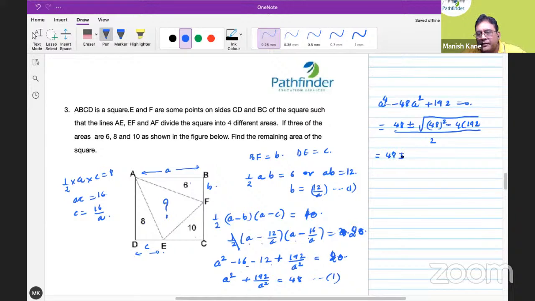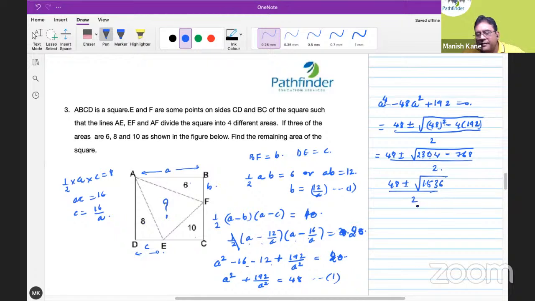So 48 plus minus, what do you get? 48 square is 2304, minus 768, so that is 1536 upon 2.